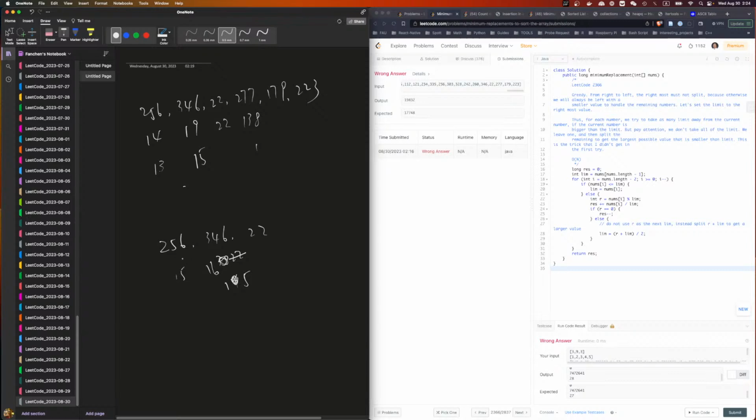Doesn't make any sense. The biggest is 19 and 19. That's the biggest. Huh?